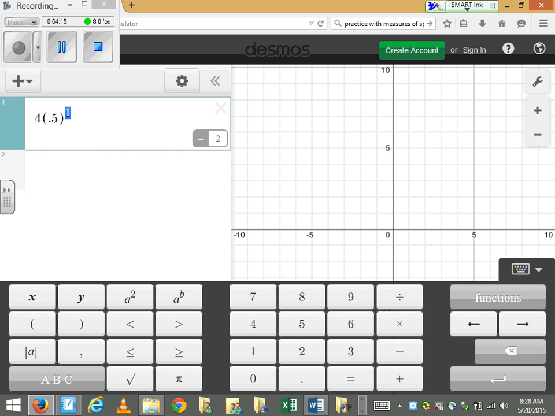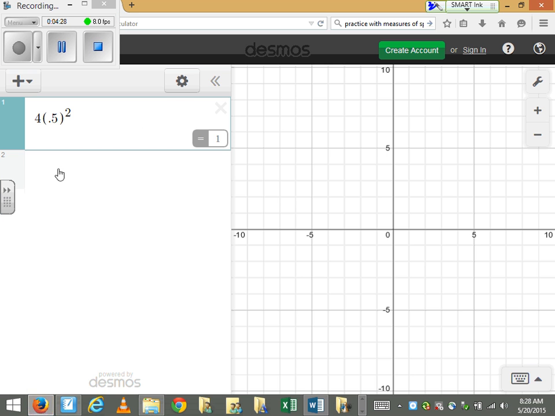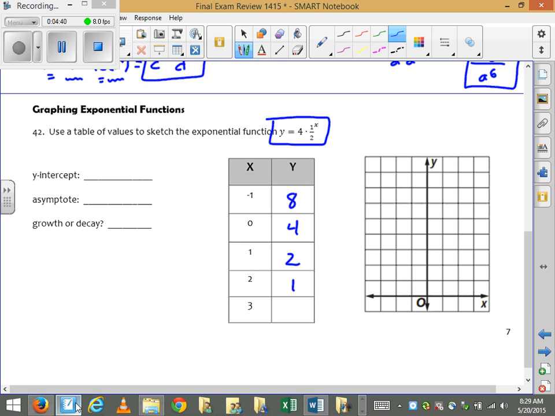Probably starting to see a pattern developing. So there's 1. Those of you who are good at spotting patterns probably already have a good feel for what's about to happen, but we'll finish it off just in case. So we got it raised to the third power, 0.5. You can see it's decreasing, it's getting cut in half each time.